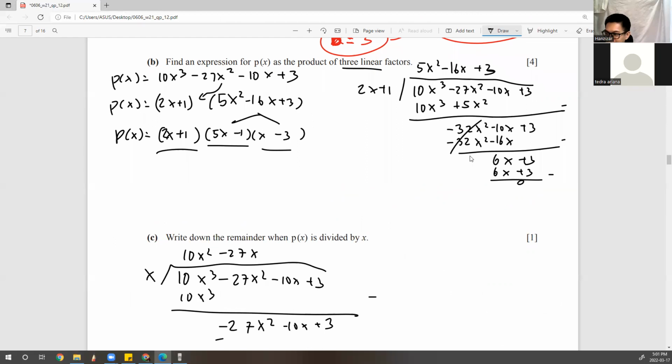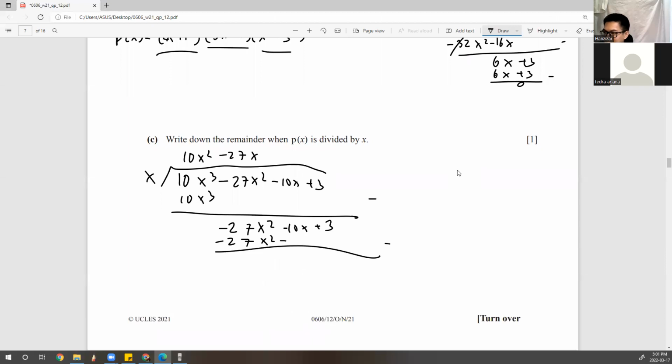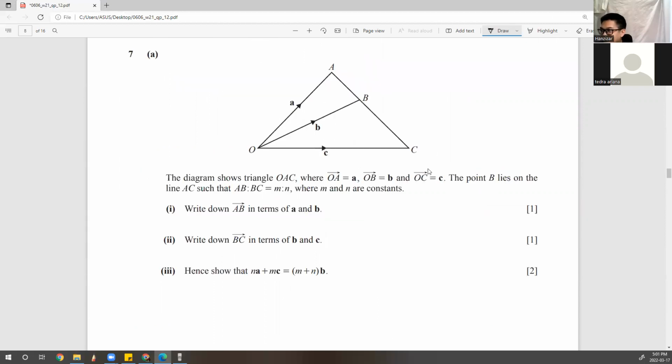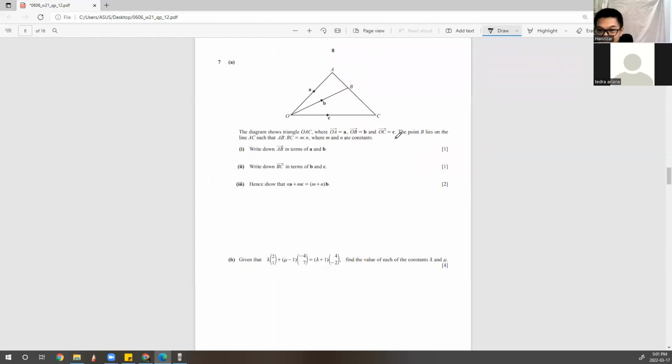Again, minus 27x squared. Done. And then you do the subtraction. Cross minus 10x plus 3, minus 10x, subtract 3. This is the remainder. Done. Okay. Sorry, I don't have any more time for this, so I will discuss this with Vicky.